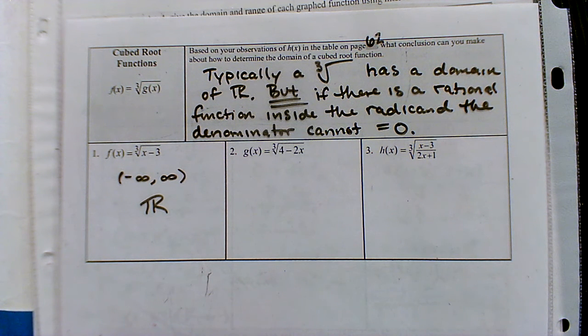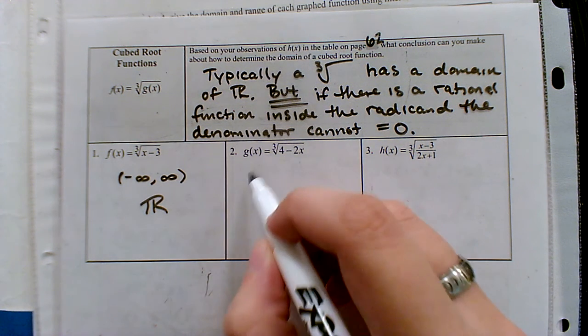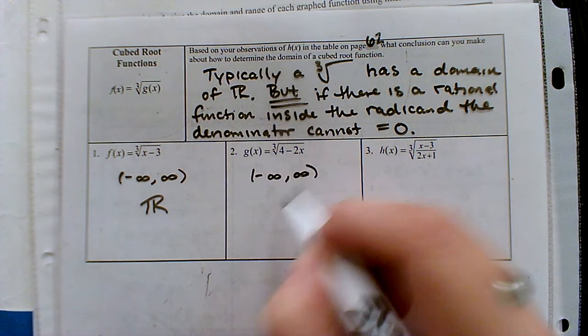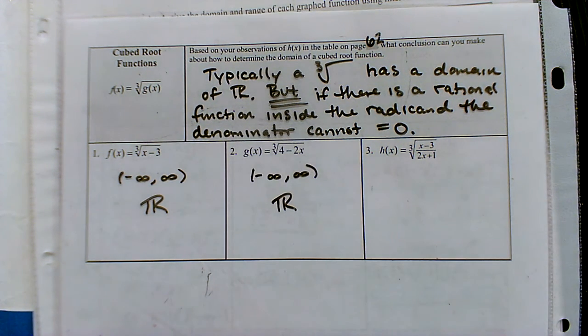Is it a cube root and something else, or is it just simply a cube root? Do we have a fraction on the inside to be concerned with? Not for number 2, nope. So this is going to be another all real numbers. You can put any number in that you want and you'll get out a y value. Okay, so typically a cube root is all real numbers.